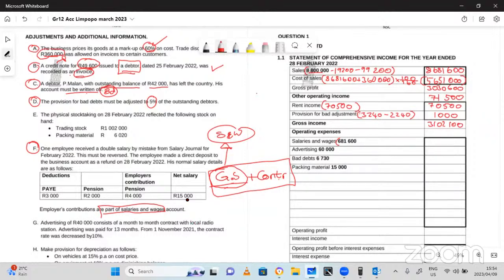Okay, so the first thing that we need to do, we need to calculate the gross salary. By now, you know, to calculate the gross salary, you will always take your net salary and add back the deductions.